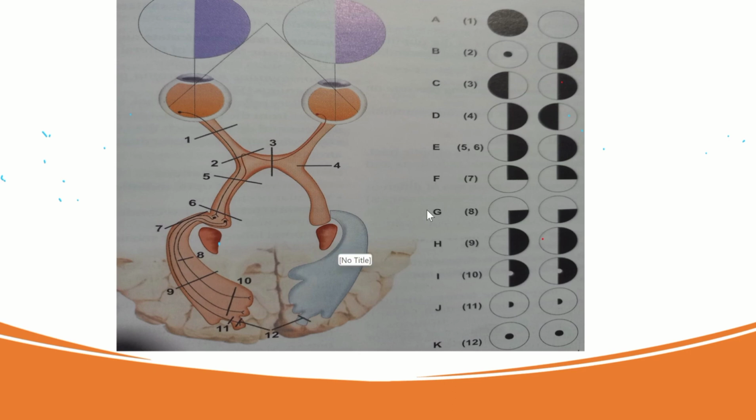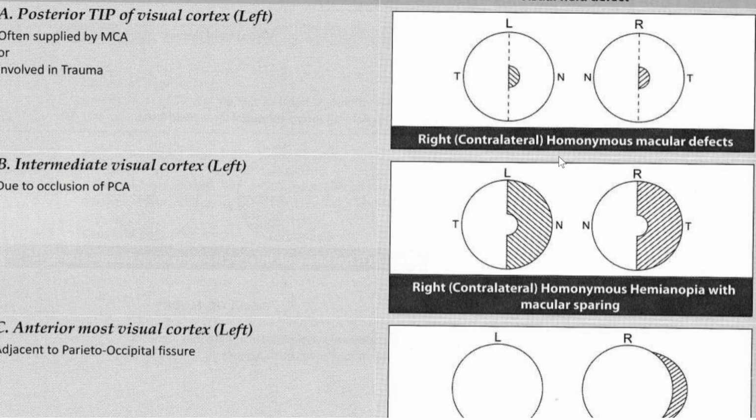There will be homonymous hemianopia, because one fiber is from the temporal side and one fiber is from the nasal side. The temporal fiber is ipsilateral and the nasal fiber is contralateral. Since the temporal fiber is destroyed, the nasal visual field of that same eye will be affected, and since the nasal fibers of the opposite eye are affected, the temporal visual field of the opposite eye will be affected, leaving the macula.